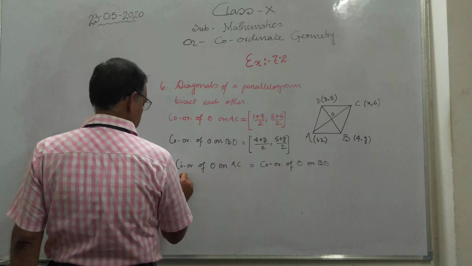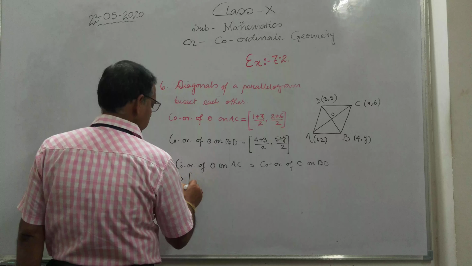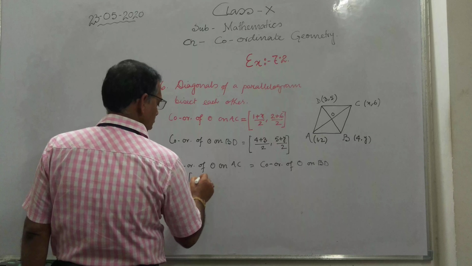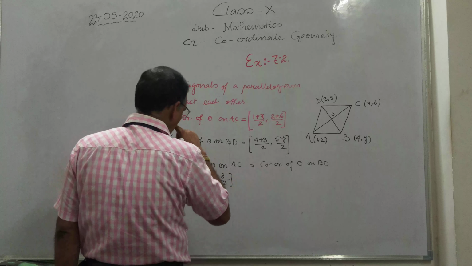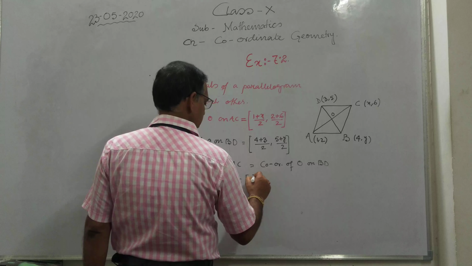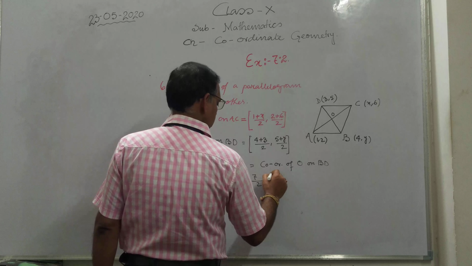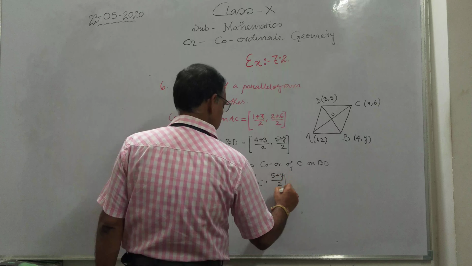That means 1 plus x divided by 2, 8 by 2 is equal to 7 by 2, 5 plus y by 2.